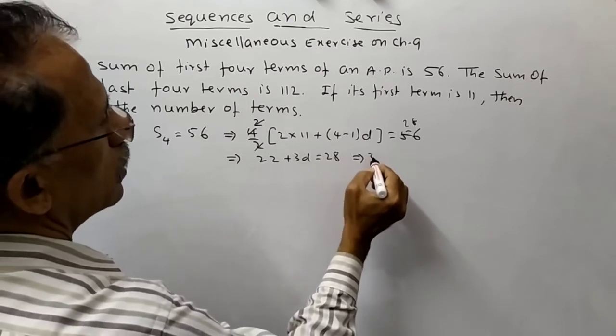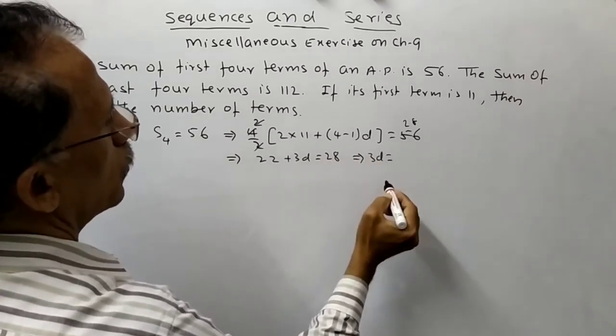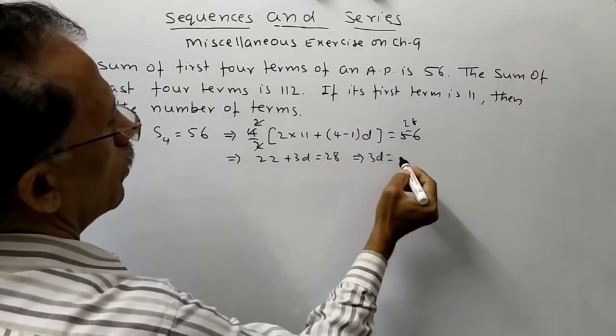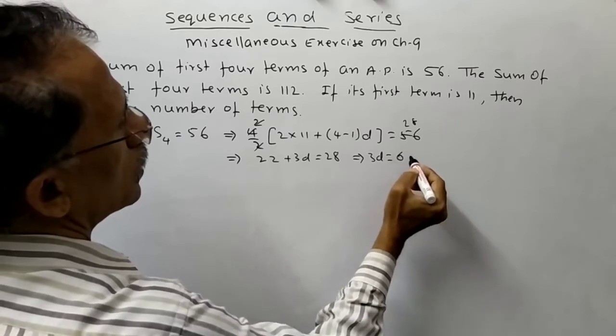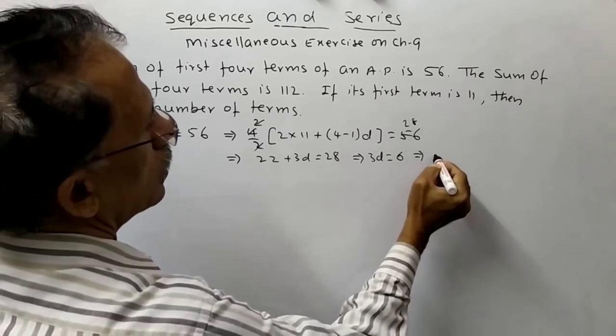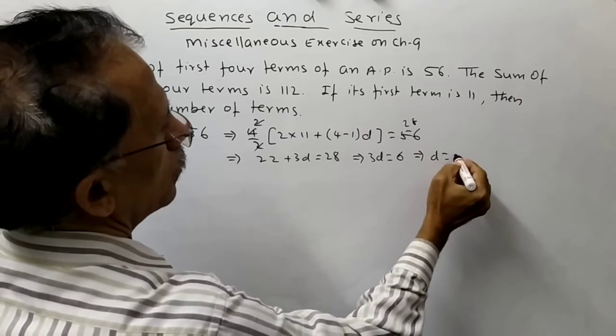This implies 3d is equal to 28 minus 22, that is 6, implies d is equal to 2.